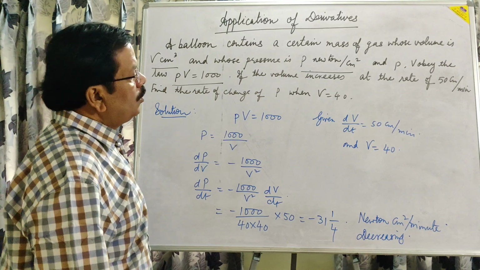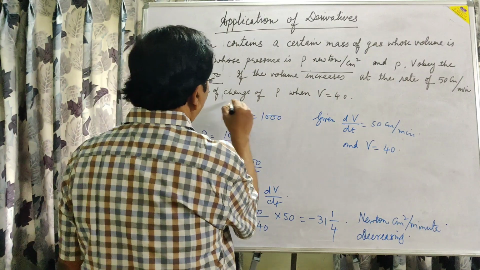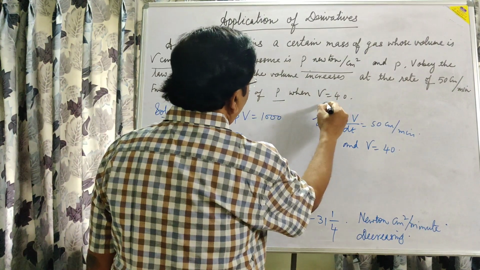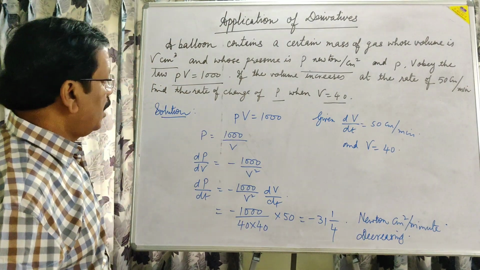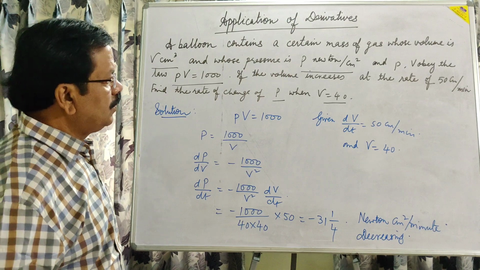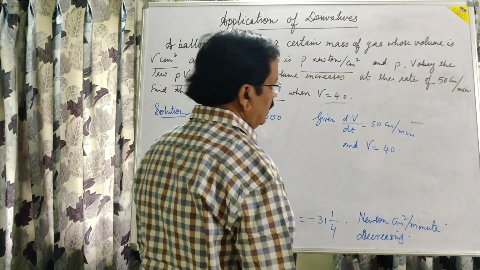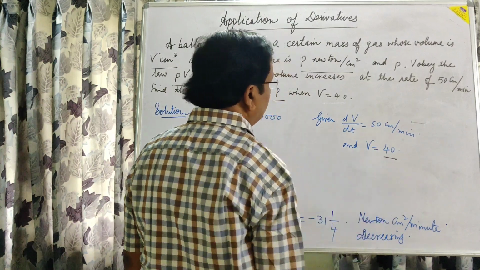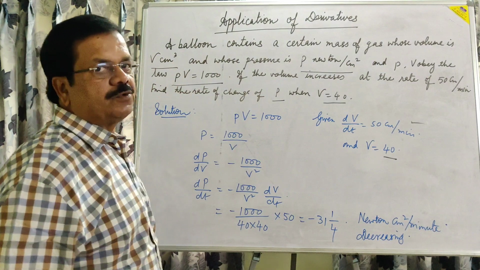If the volume increases at the rate of 50 centimeter cube per minute, then find the rate of change of pressure when the initial volume is given as 40. At this rate the volume is changing with respect to time.